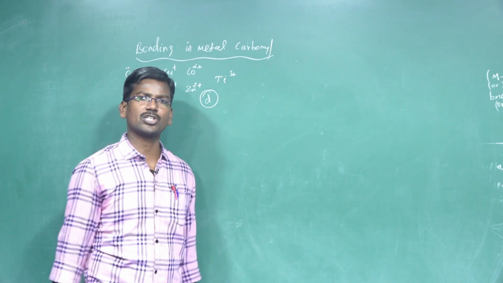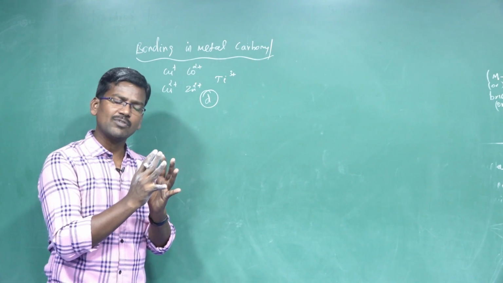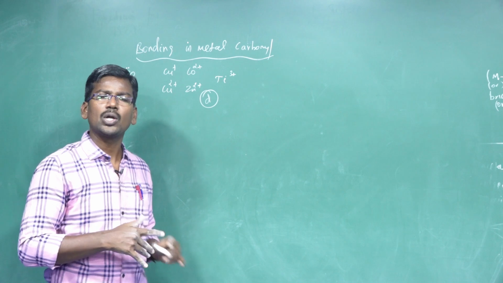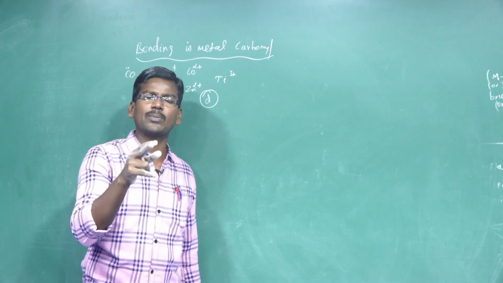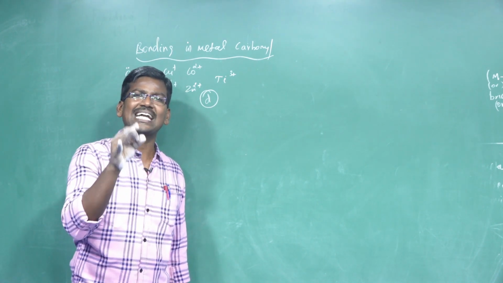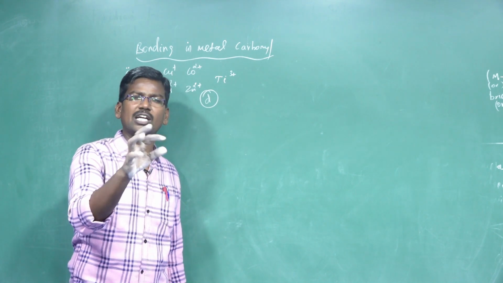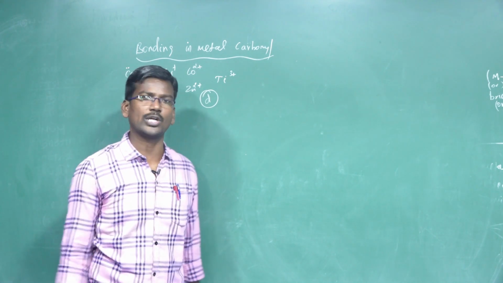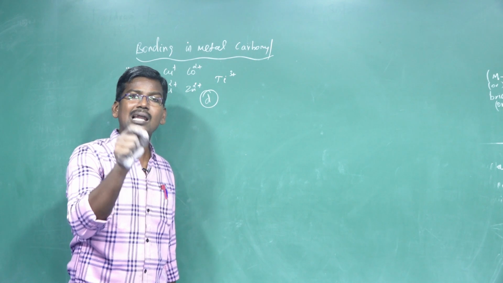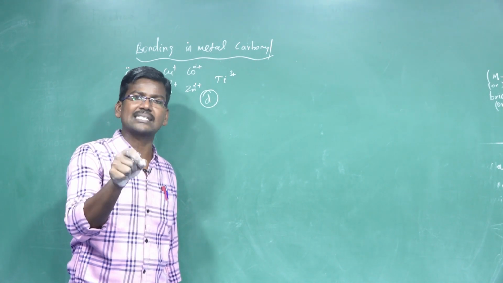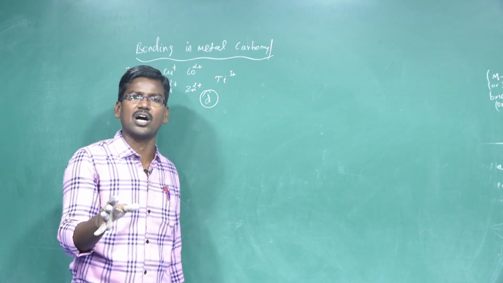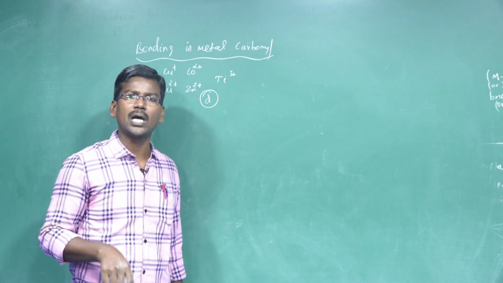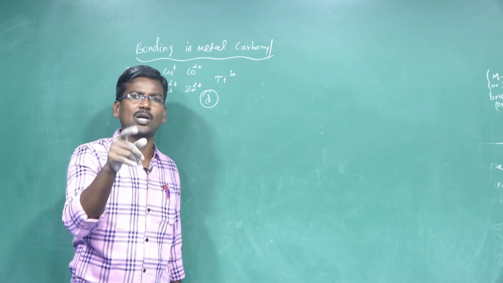How is the coordination number formed? All central metal atoms are Lewis acids, because central metal atoms which contain vacant d orbitals accept lone pairs of electrons from the electron rich site. According to the Lewis concept, an electron pair acceptor is a Lewis acid.